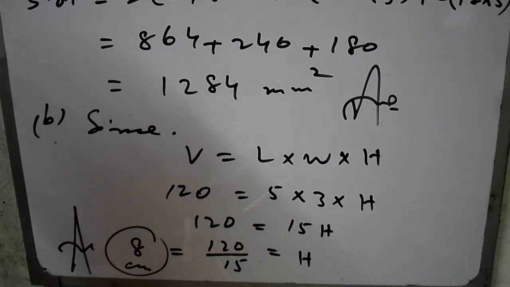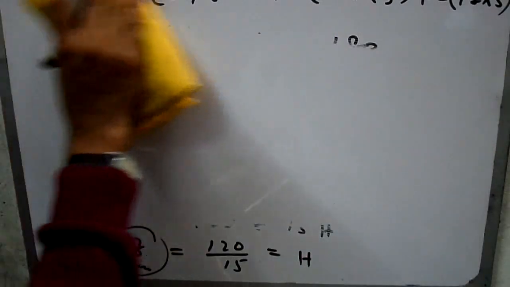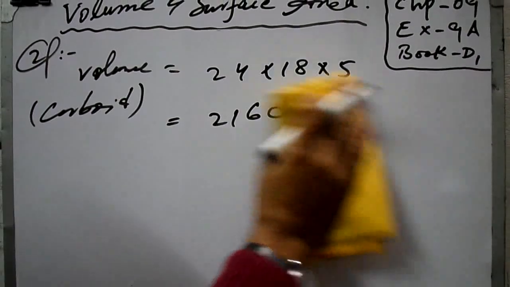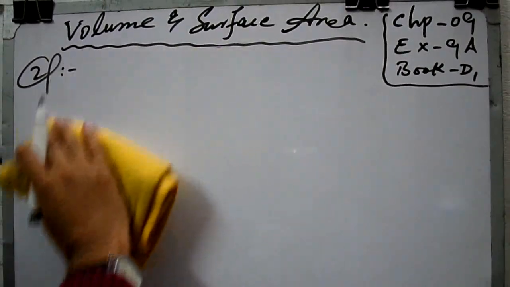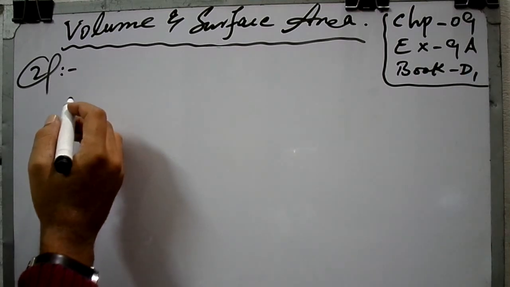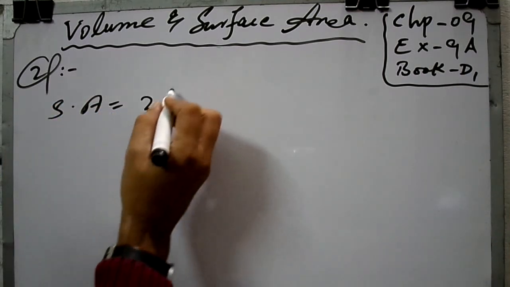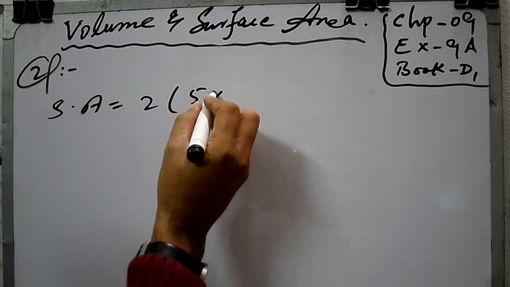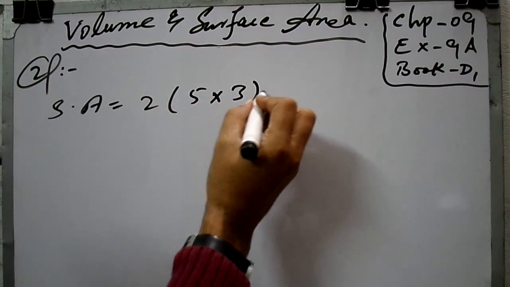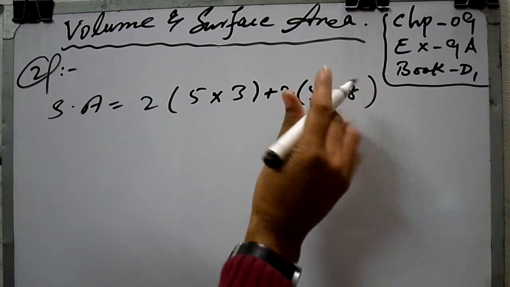That is your result. Similarly, we have to find the surface area now. So surface area is equal to 2 into, you see the table in which values are given, 5 into h.